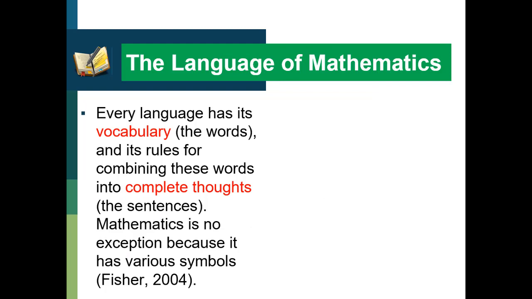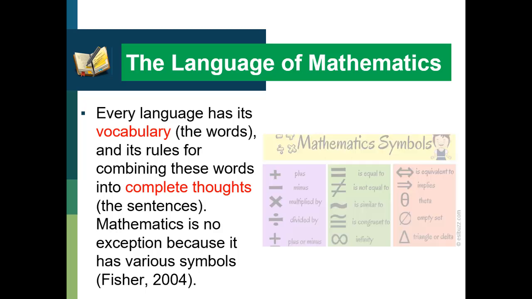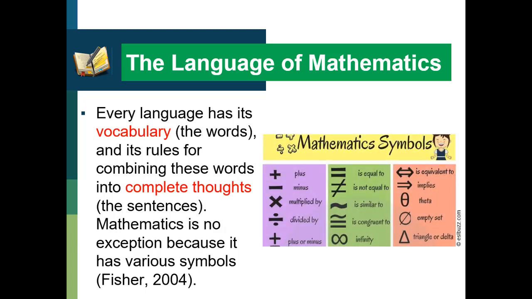Now, every language has its own vocabulary. These are the words and the rules for combining these words into complete thoughts, and these are sentences. And since mathematics is also a language, it is not exempted because it has various symbols. These various symbols in mathematics represent the words of mathematics.